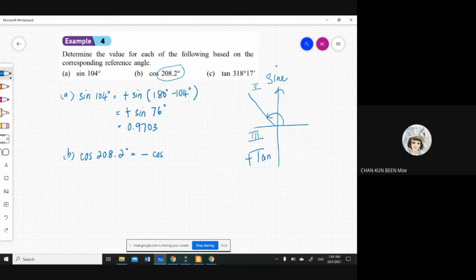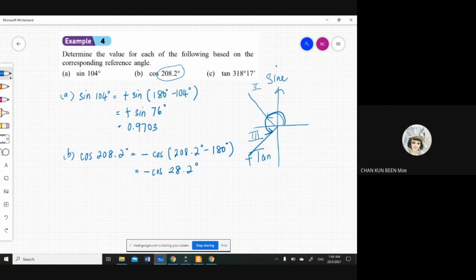Then how do we find the corresponding reference angle? Because it's over here, you have to use the angle itself, which is 208.2, minus 180 degree. So after deducting, we will get negative cos 28.2 degree.